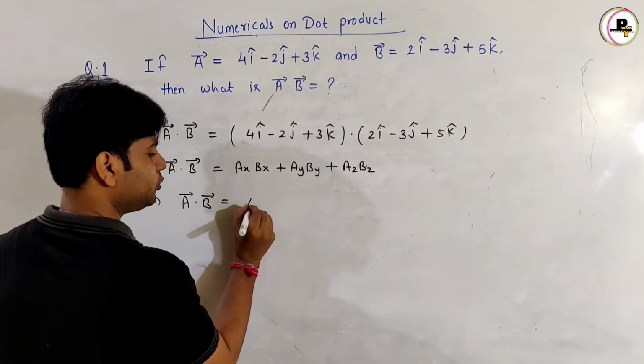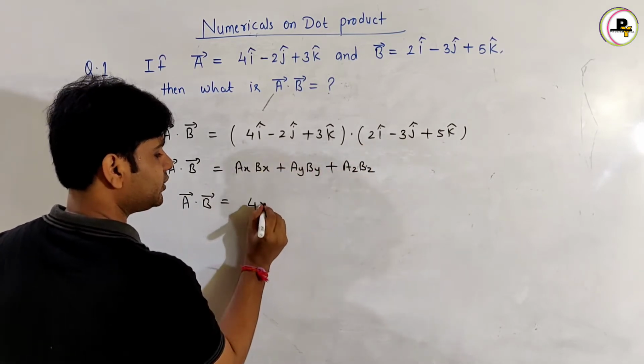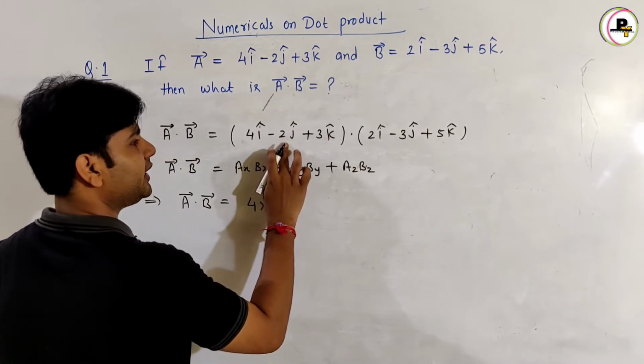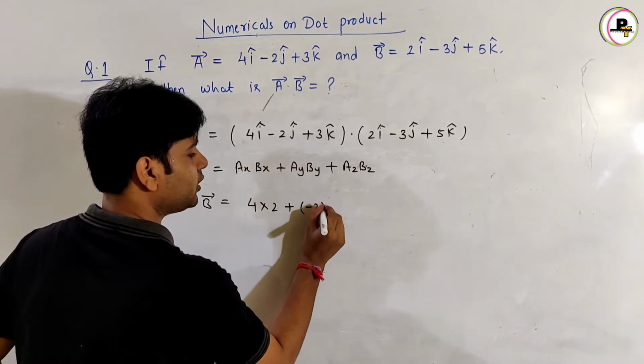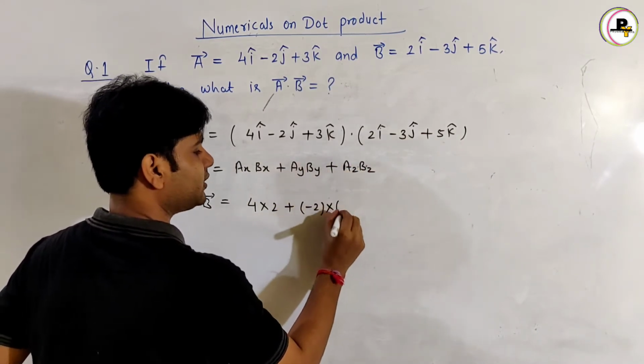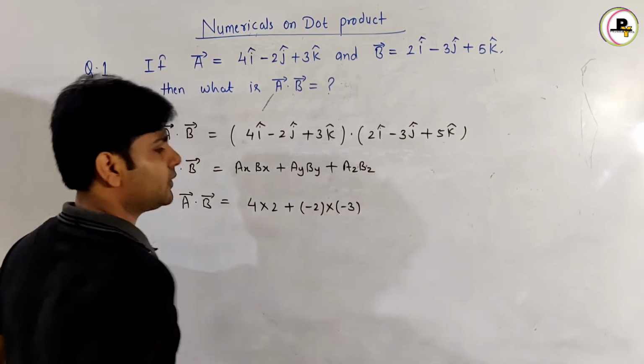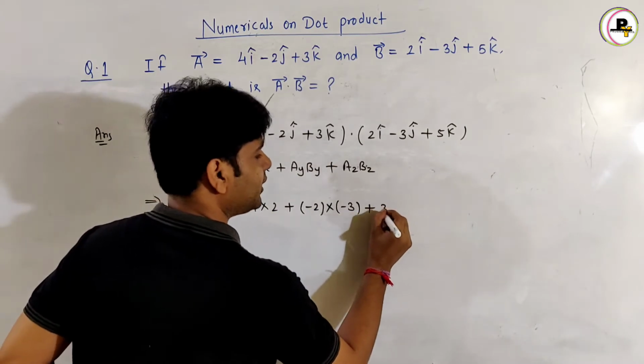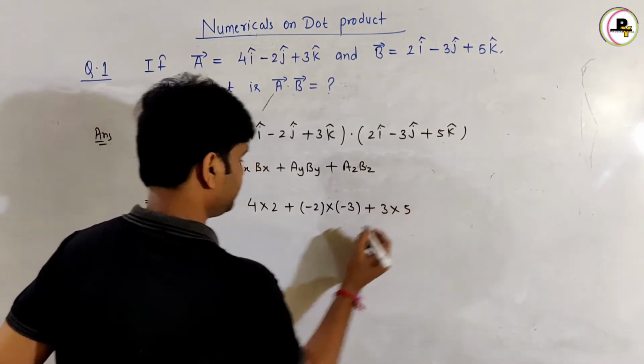What is ax? It is 4. What is bx? It is 2. Plus, what is ay? It is minus 2 into by, which is minus 3. And what is az? It is 3. And what is bz? It is 5.